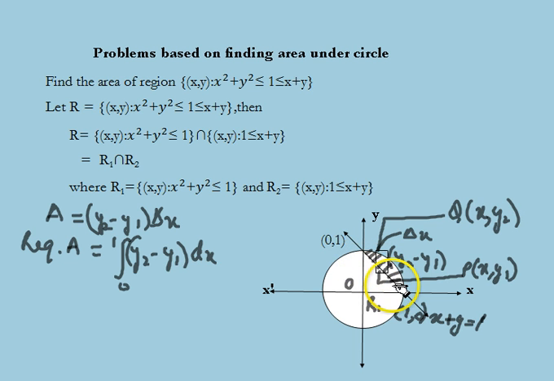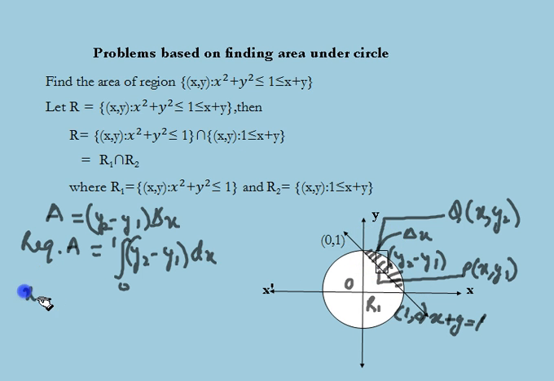As is evident, point P lies on the line with equation x + y = 1, and point Q lies on the circle with equation x² + y² = 1.